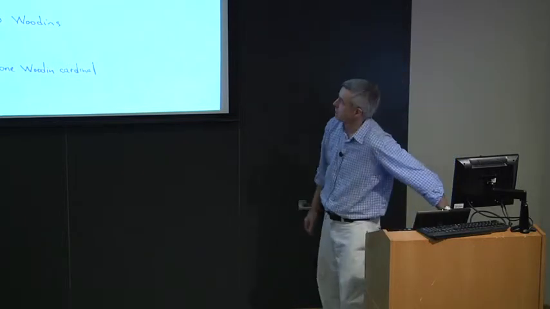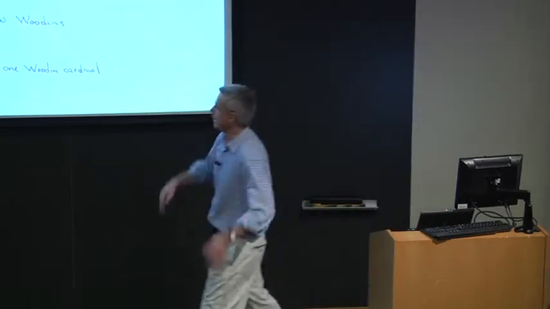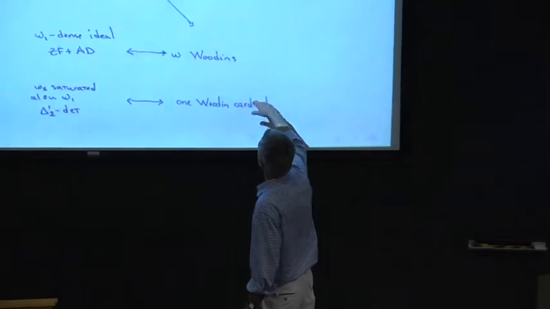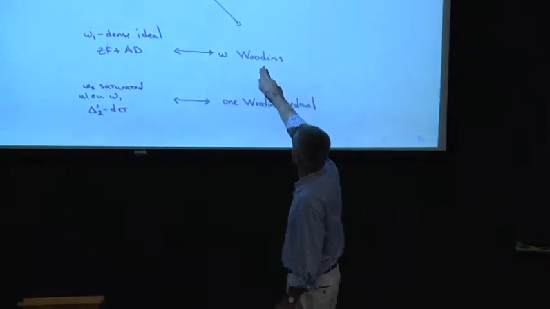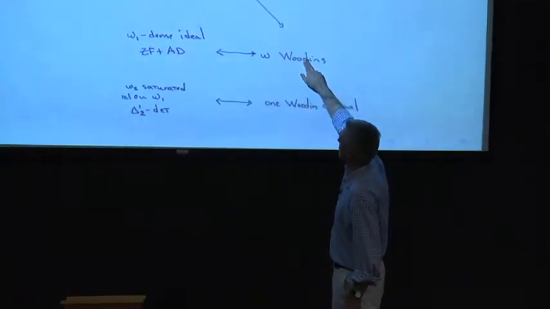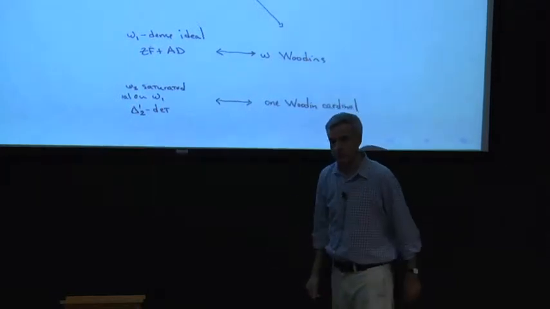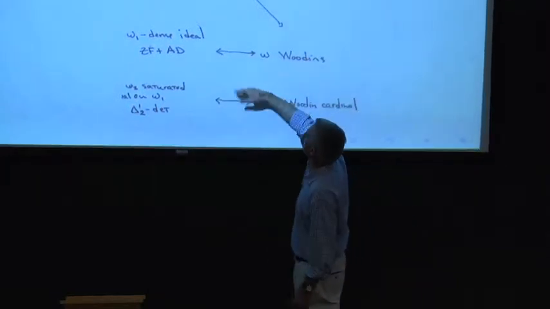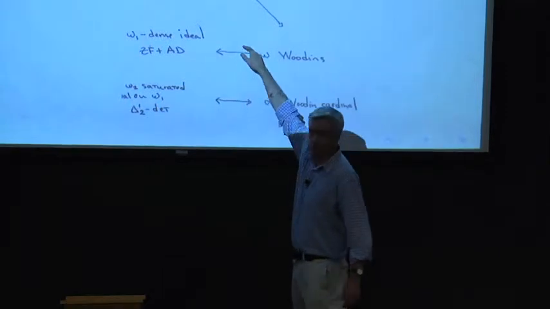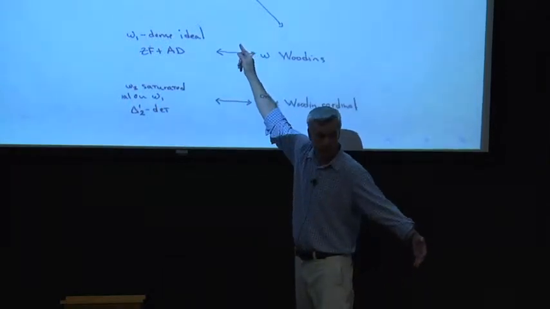Okay, this is the picture continued. I don't want to spend much time on this, just to say that Woodin cardinals, roughly speaking, represent the extent of inner model theory at the present. So we can prove non-trivial equiconsistencies up to around the level of Woodin cardinals.